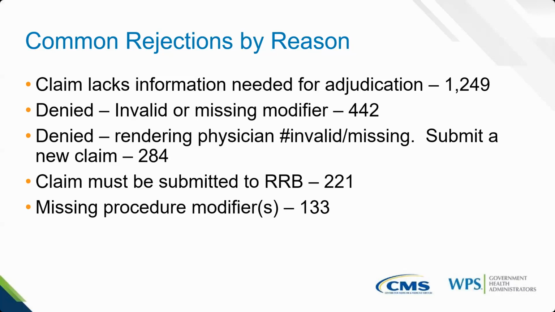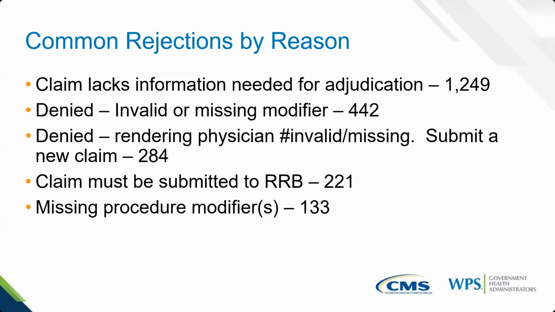For those Medicare beneficiaries who were railroad employees, their claims are processed by the railroad MAC, and that is Palmetto. It is not WPS, but for those beneficiaries that are railroad retirees, claims must be submitted to the Railroad Retirement Board.